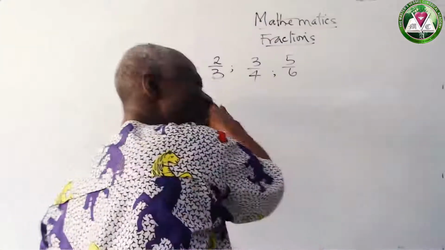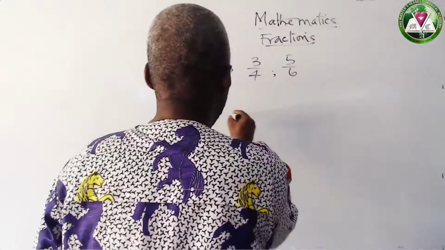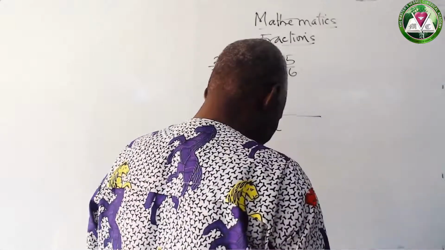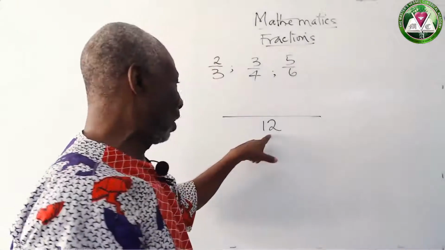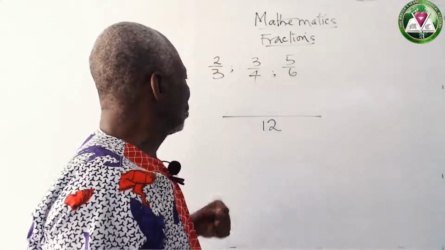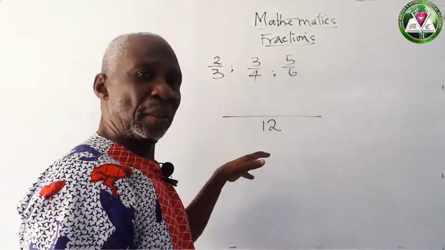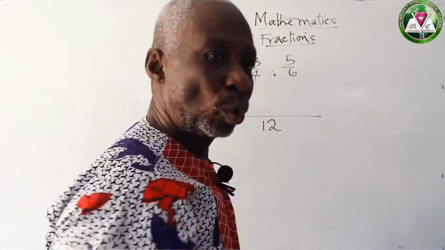So we shall give them that common denominator of 12. It therefore means we shall change 2/3 to an equivalent fraction with common denominator 12, 3/4 to an equivalent fraction with common denominator 12, and 5/6, the same thing, into its equivalent fraction with common denominator 12.